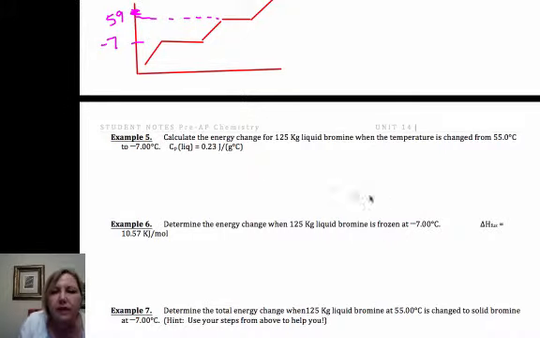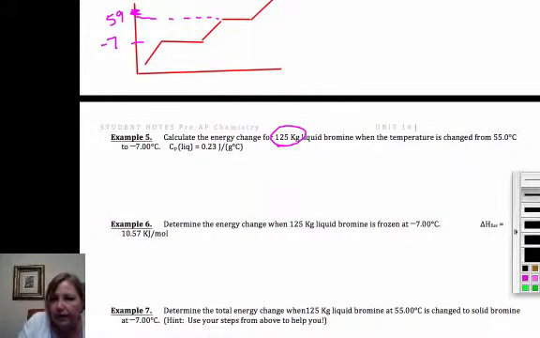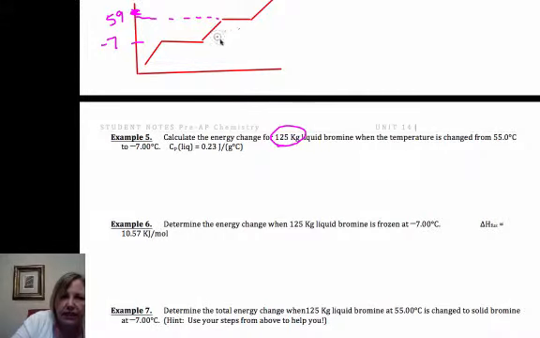Right? So, calculate the energy when 125 grams, that's the mass, is changed from 55 degrees Celsius, so we're right here at 55 degrees Celsius, to -7. But it says it's still the liquid. So we're on the liquid side of this. So we're still at one step.